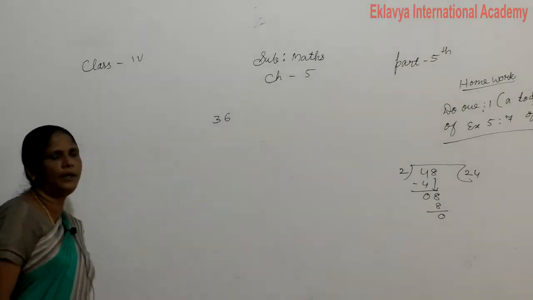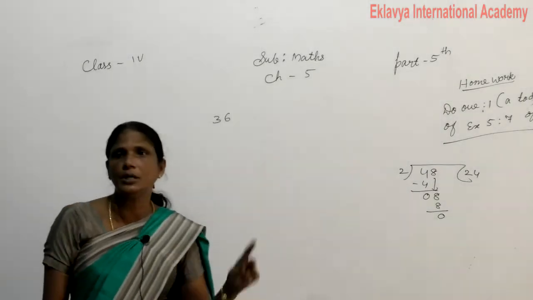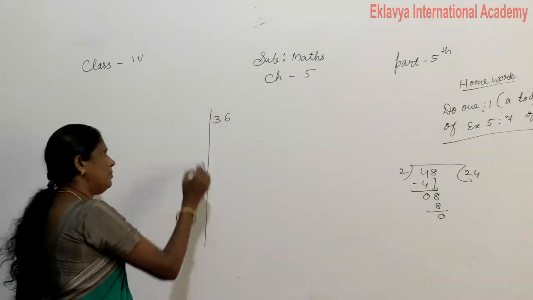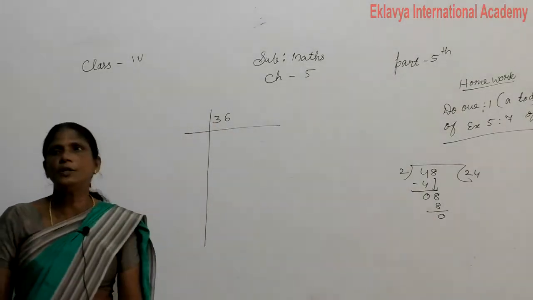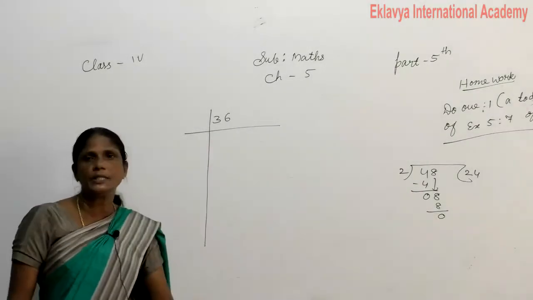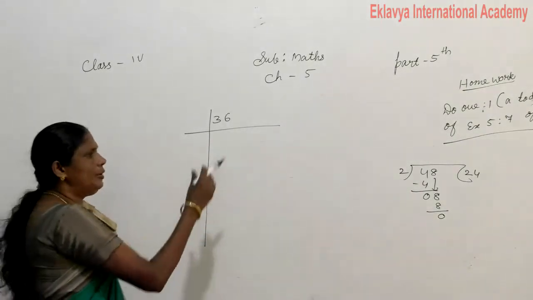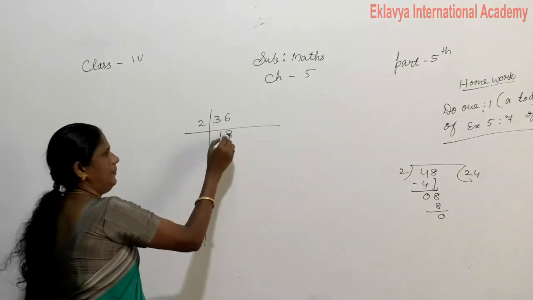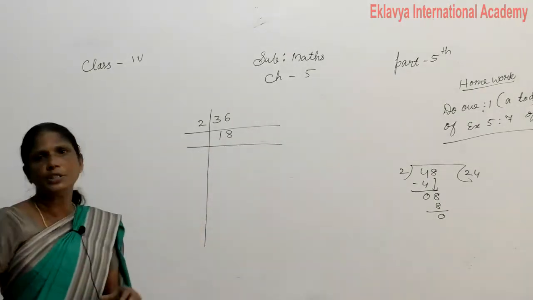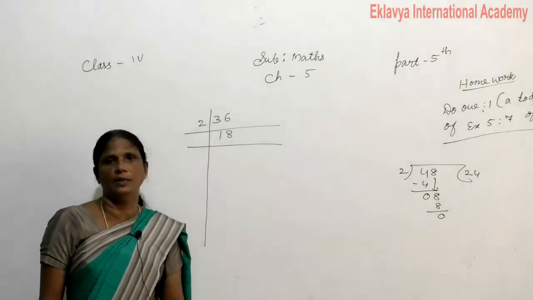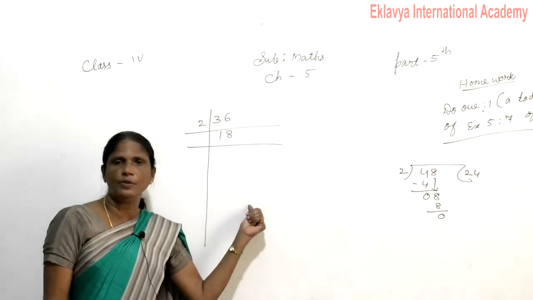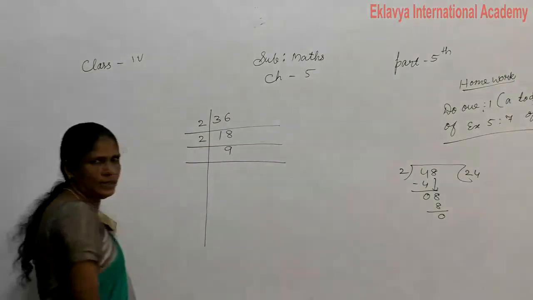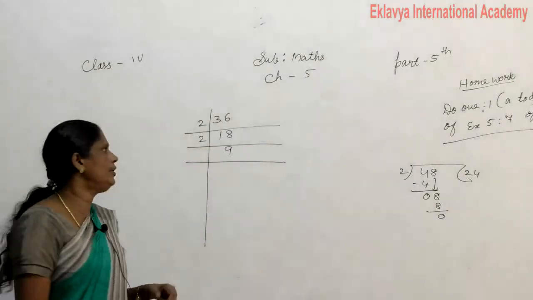36. Write the prime factorization of 36. First again you write this number. First you check whether this number is divisible by 2. Yes. You divide in the rough notebook. Then 18. Again you check. Here 8 comes in the ones place. This number is divisible by 2. Yes. How many times? 9 times. Next again you check.